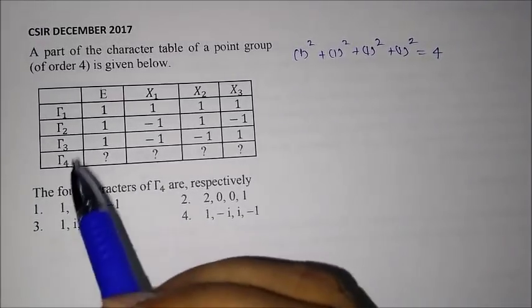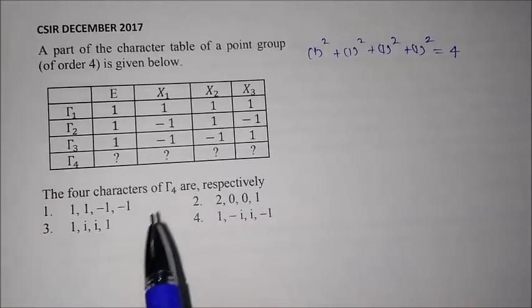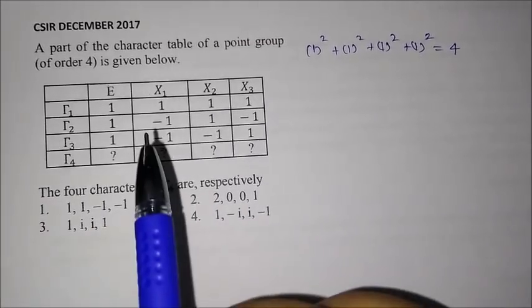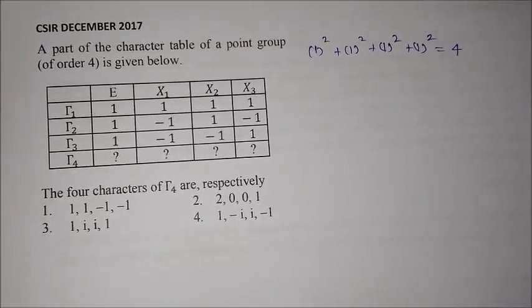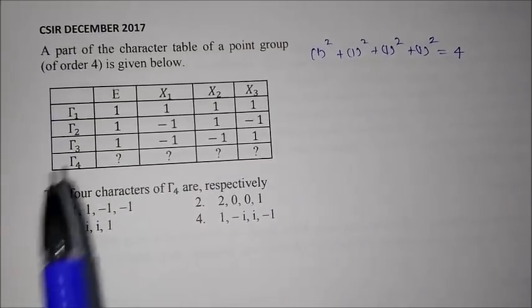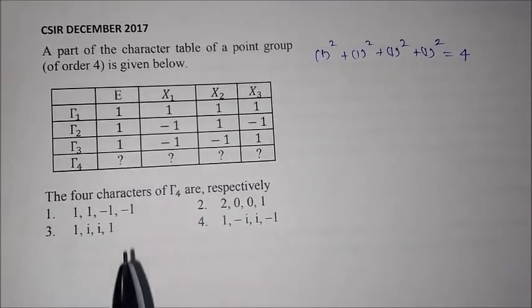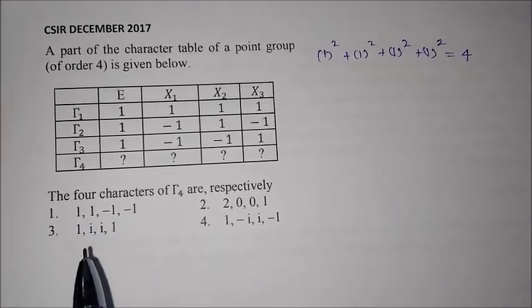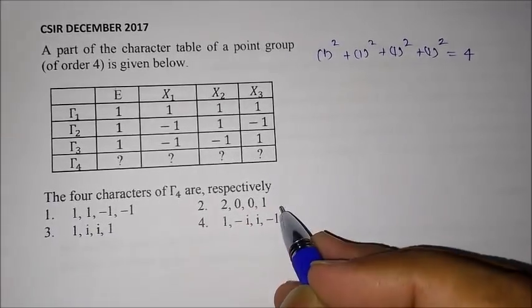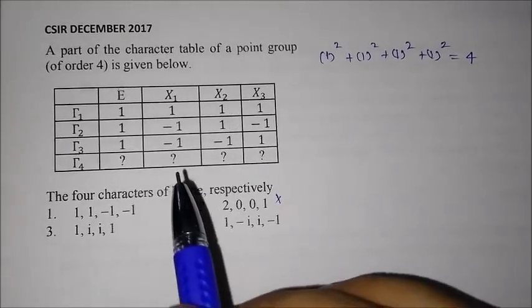This question was very simple. This was the C2v point group. If you remember the character table, you would have done it easily, but I'm just verifying it using the orthogonality theorem. Now this 1 is available only in options 1, 3 and 4, so option 2 cannot be the correct option. Let's cross it out. Now we have only 3 options left.